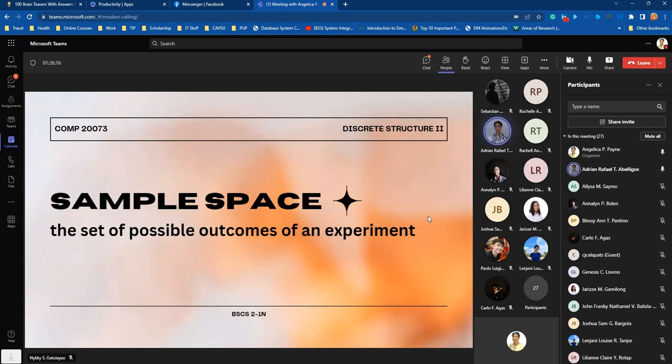The next is the sample space. The set of possible outcomes of an experiment. It is usually denoted by the letter S. Pag sinabi nating sample space, mayroon itong kaugnayan sa last term na diniscuss, which is yung outcome. So, yung outcome is pag nakakuha ng isang possible result, outcome na yon. Pag sinabi naman nating sample space, lahat po ng possible outcomes.